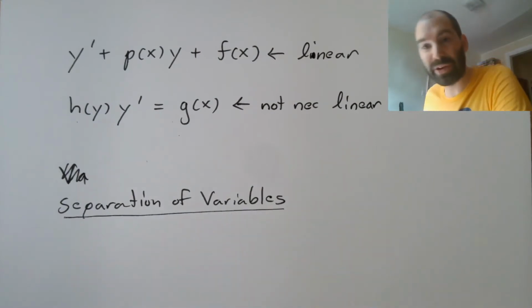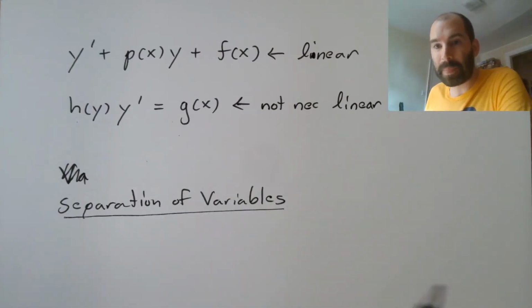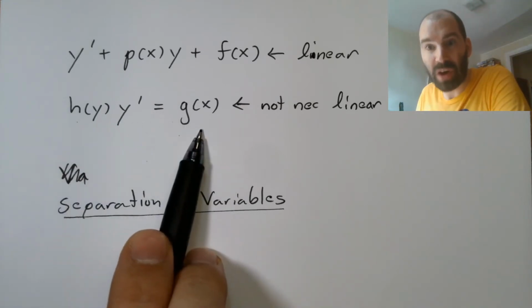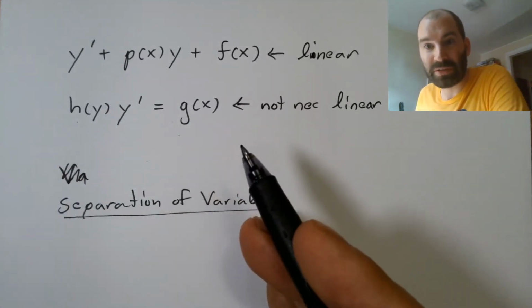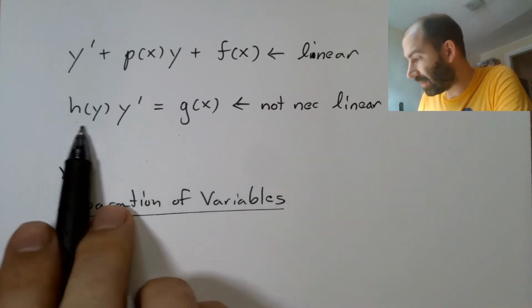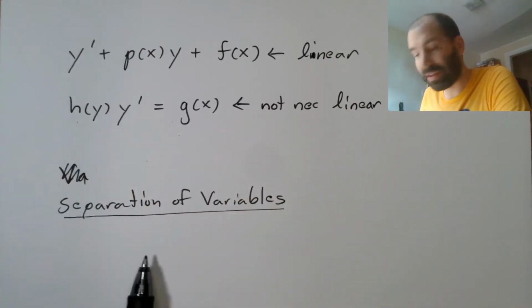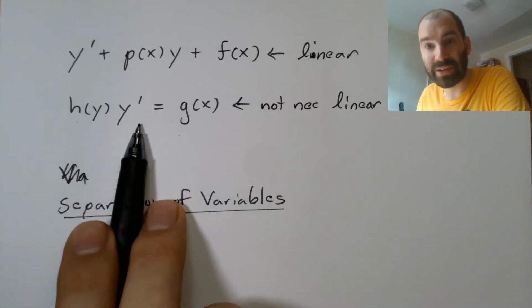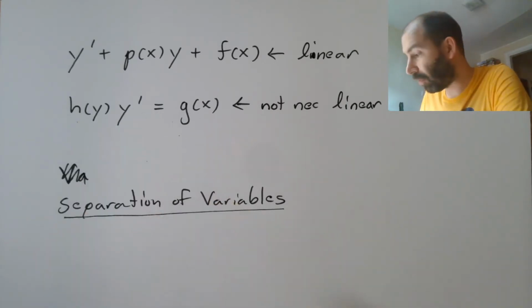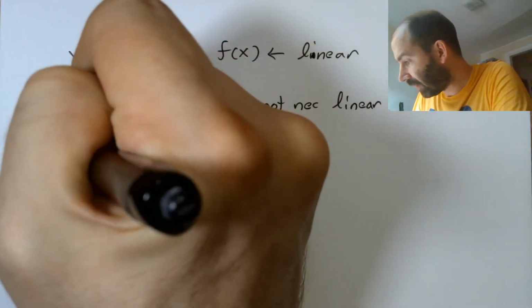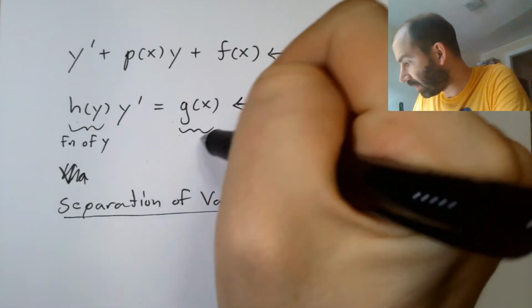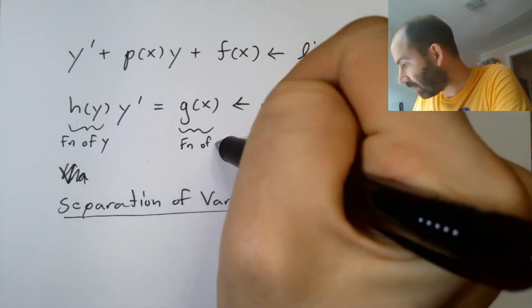Separation of variables. Now, putting a differential equation into this form is called separation of variables. So this is the type of differential equation that this will work on. And this is the first step, to get the differential equation into this form. What's special about this form? Well, this guy over here is a function of y, and this guy over here is a function of x.